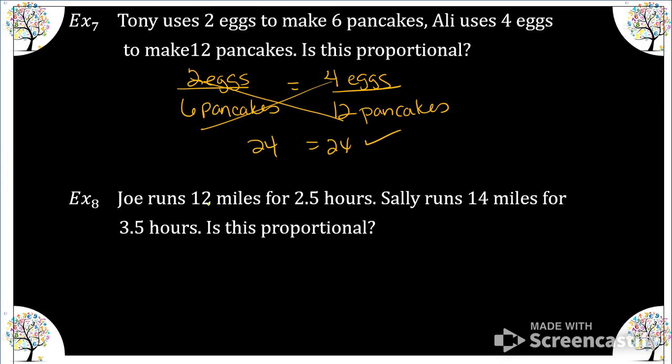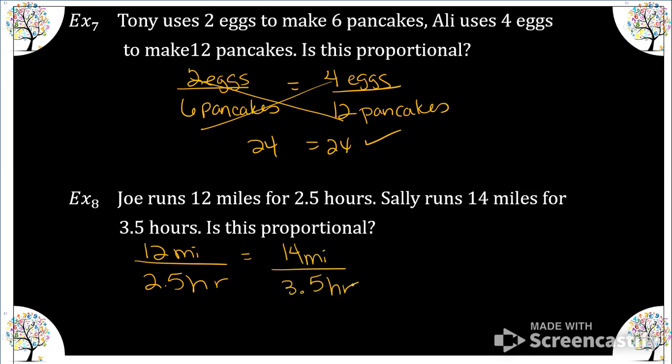Example 8, Joe runs 12 miles in 2.5 hours. Sally runs 14 miles in 3.5 hours. Miles, miles, hours, hours, cross multiply.